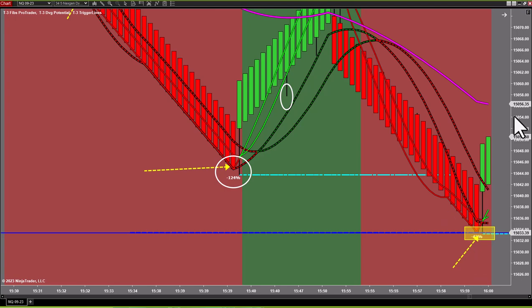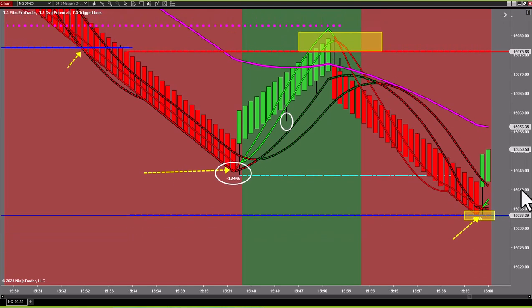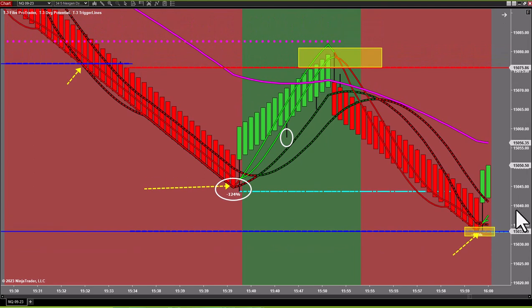Yeah, look, I would love to say that our software calls every twist and turn perfectly to the tick, but price can exceed a fib by a little bit as long as both triggers don't exceed the fib. It could reverse. Does that make sense?